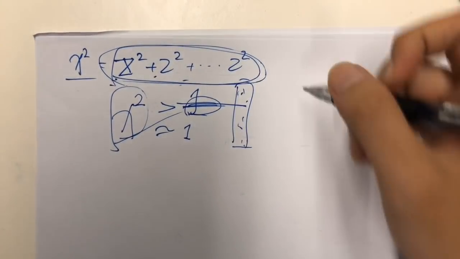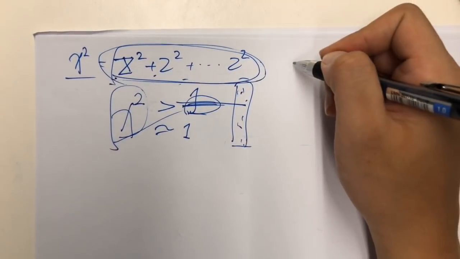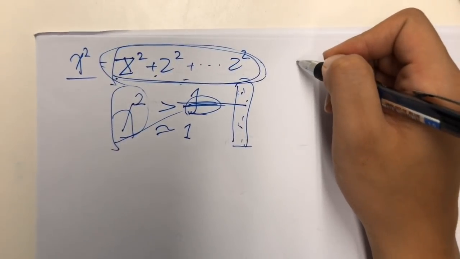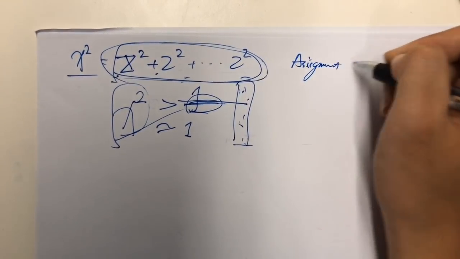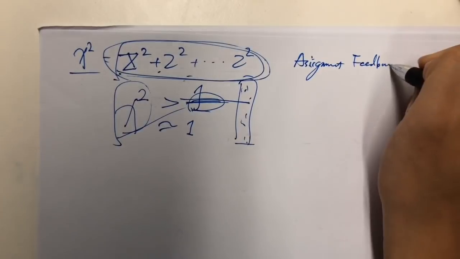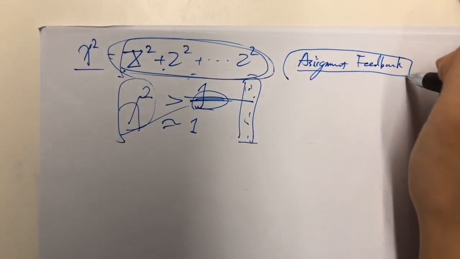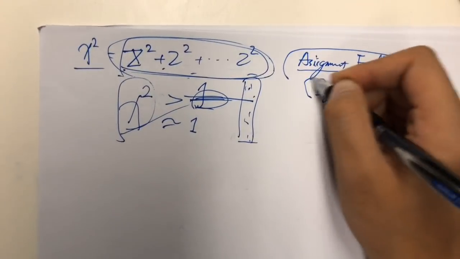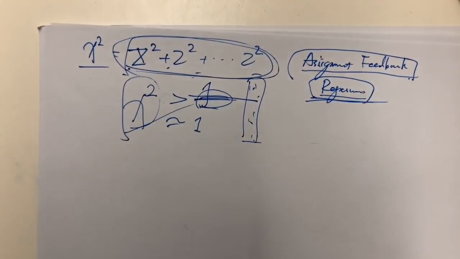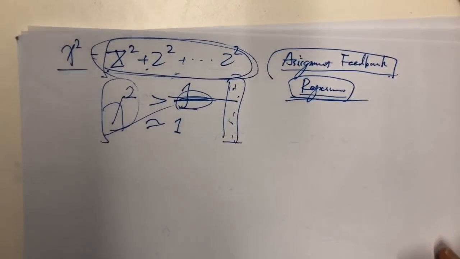I think the best way of doing revision on regression is to look at your assignment feedback, okay? In the assignment feedback, there are assignment questions, and we have regression questions, right? I think that will help heaps, okay? That will help heaps.